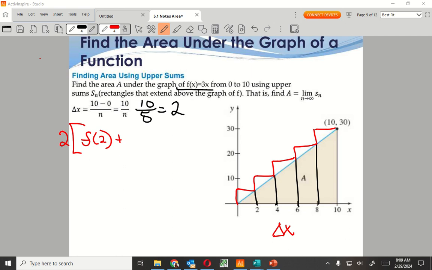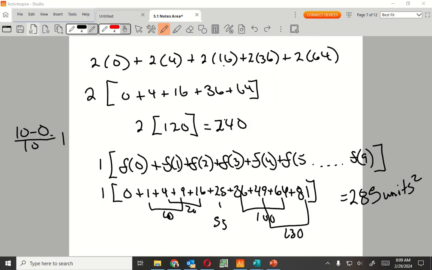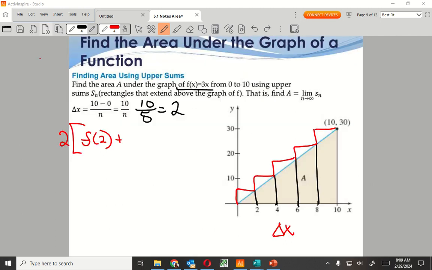When we did it yesterday, I was able to write everything out like this. All of them had a common factor of 2, and 2 was the width of every single rectangle. So I was able to pull this out and rewrite it with just the inside here. Instead of doing all the parts individually, multiplying and then adding, we could simplify it and just do this at the end. That's what we're trying to go for.